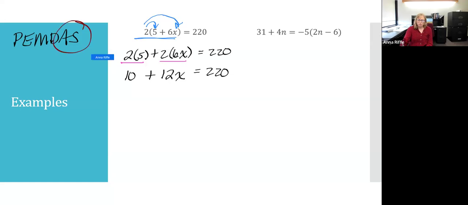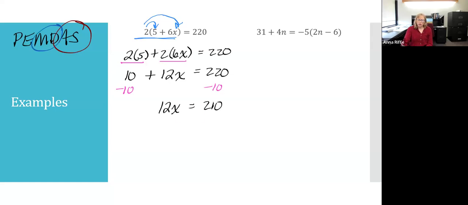So I'm going to start with the addition subtraction. It's like there is a 10 being added to the x part. So I'm going to undo that by subtracting 10. Do exactly the same thing to the opposite side. That leaves me with 12x on the left is equal to 220 minus 10 is 210 on the right. Okay. And now as a last step, I can move on to multiplication division.